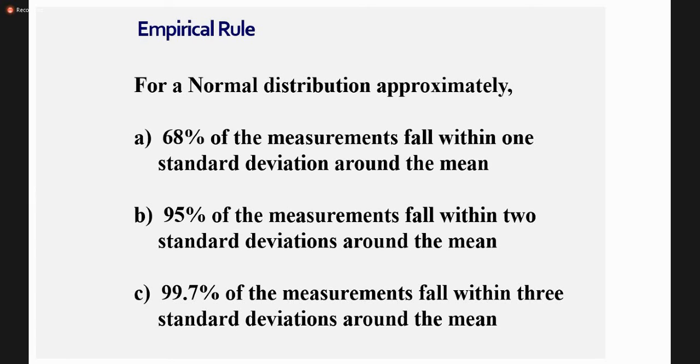Within 2 standard deviations below the mean and above the mean, 95% of the measurements fall. And this is the standard deviation cutoff which we use most of the time in our research studies and clinical sciences.